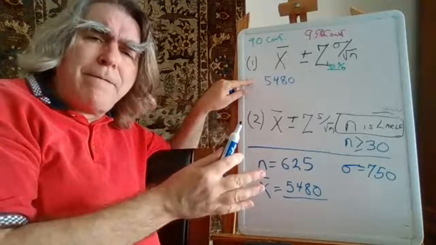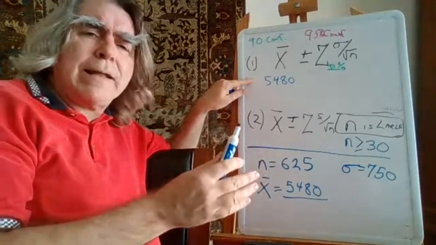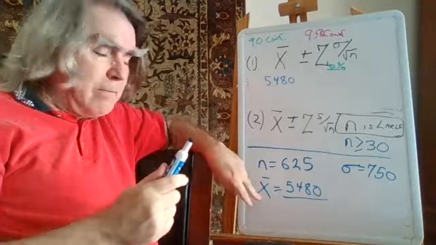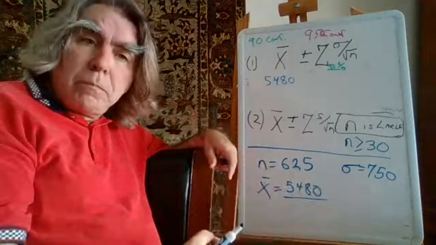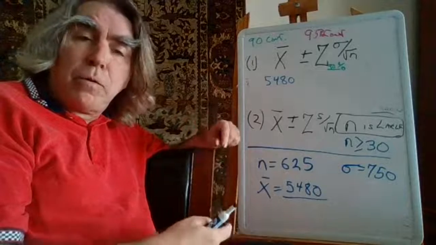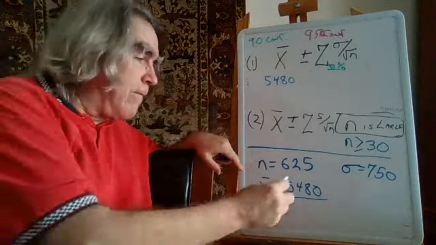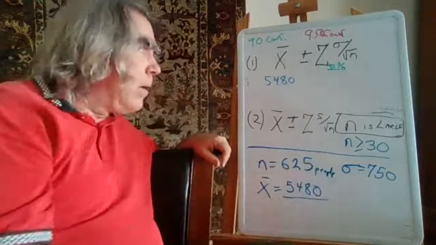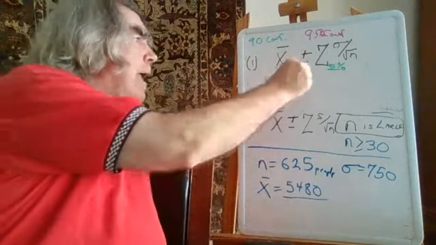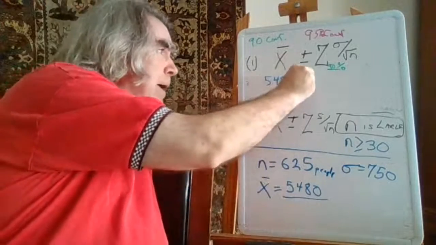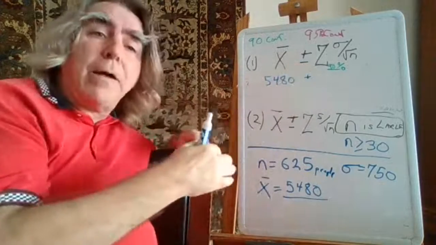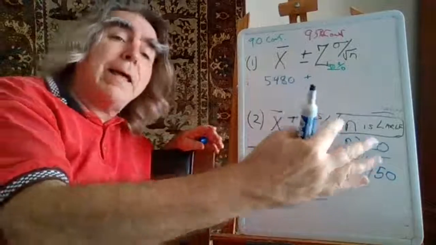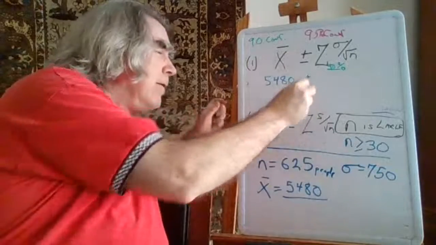Reality might be a little bit above us, or reality might be a little bit below our estimate, the average we got from looking at these 625 people, right? So this is our best estimate, and then we're going to put padding on the plus side, and we're going to take the same amount of padding and put it on the minus side.